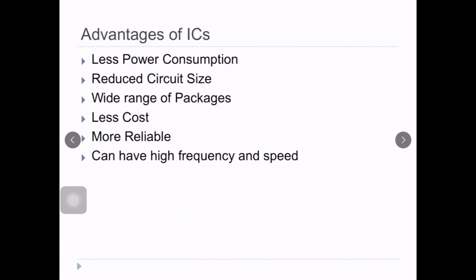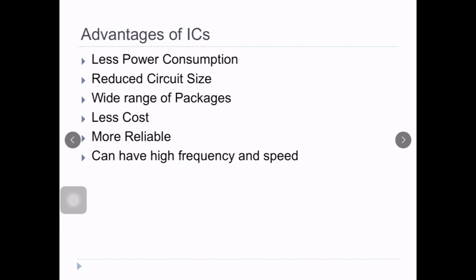So next, what are the advantages of integrated circuits? They consume less power, and the size is very small because the component size is microscopic. That's why the size of the integrated circuit is very reduced.